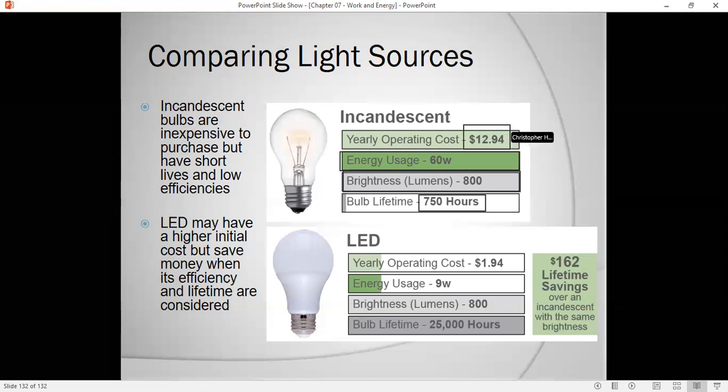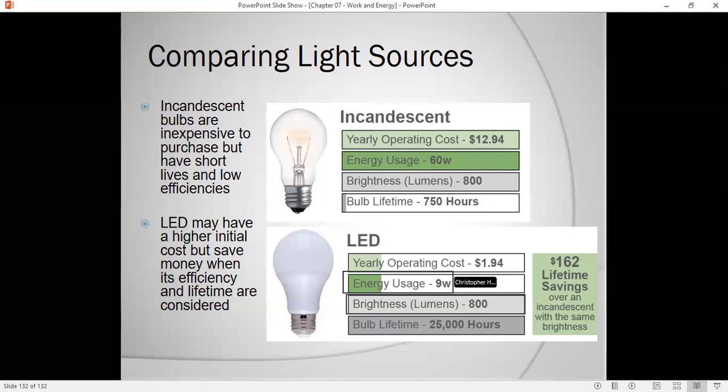Also, because you use a lot of electricity to produce 800 lumens, the operating cost would come mostly from the electricity that you'd use. Now, we compare that to an LED. For the same amount of light, you're still producing 800 lumens, the same exact amount, but you're only using 9 watts.